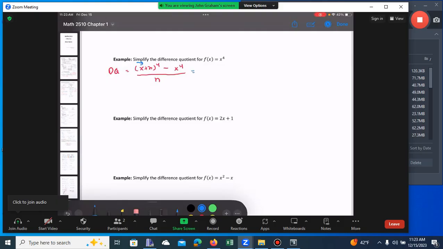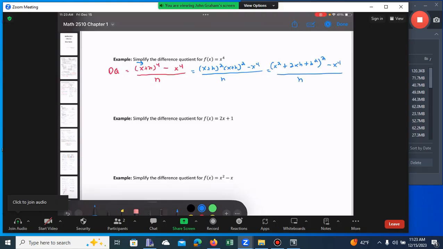So we get x plus h squared times x plus h squared minus x to the fourth over h. X plus h squared is just x squared plus 2xh plus h squared. And that's going to be squared because it happens twice, minus x to the fourth over h.